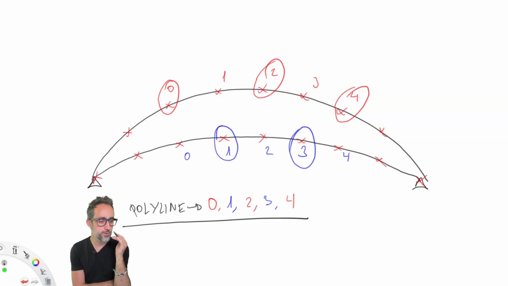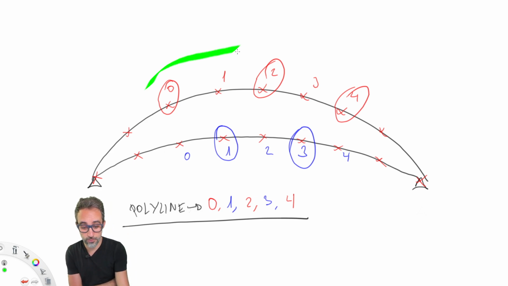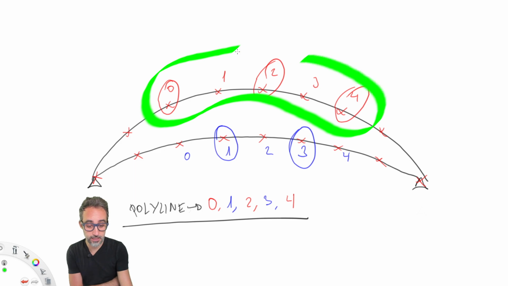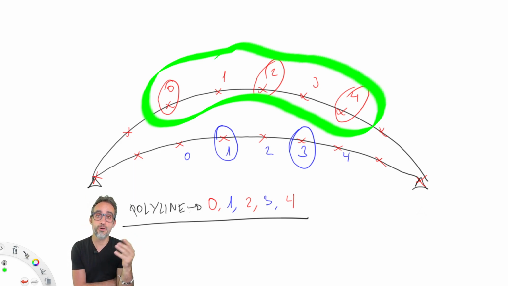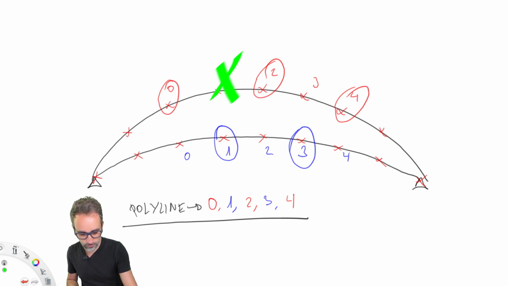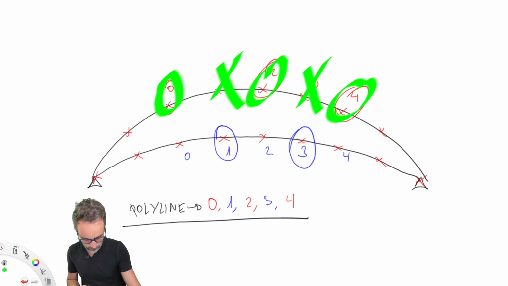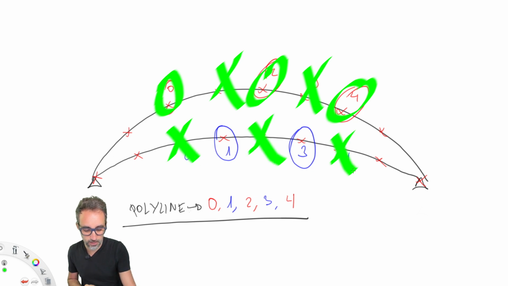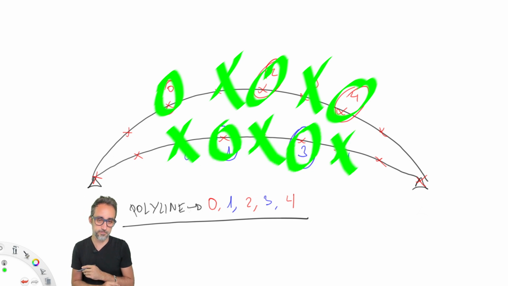If we go back to the diagram, what we need to do now is, from each one of the families of points, the top and the bottom, remove every other point from the list. From this one, I want to remove this one, and keep this one, and keep this one, and keep this one. And from the bottom one, I want to remove this one and this one, and just keep this one and this one.